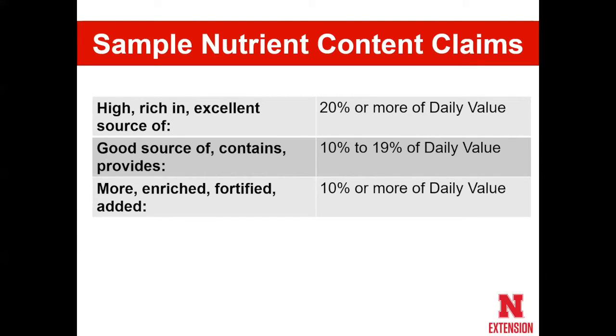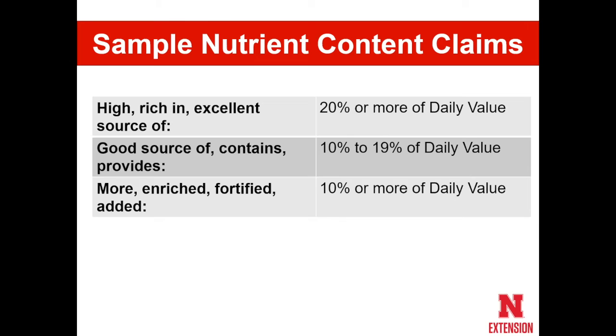And the calorie needs for an individual will vary depending on your size, your age, your sex, but generally they use 2,000 calories per day as a reference, and the daily values are based on those references of a 2,000 calorie diet.